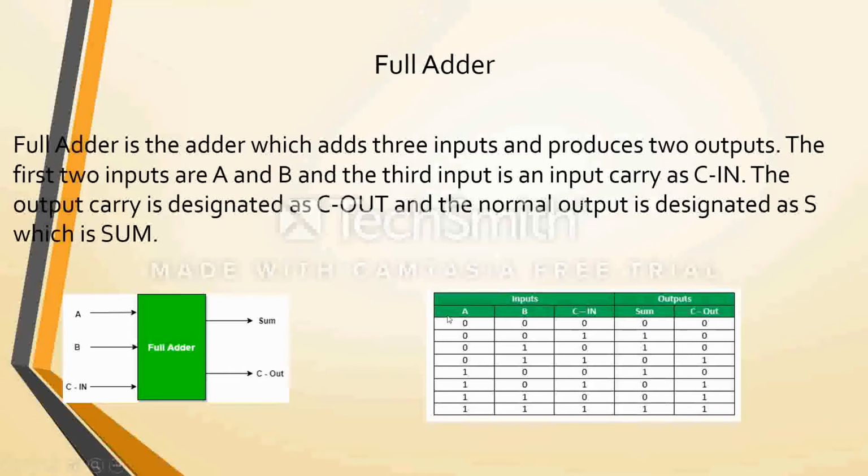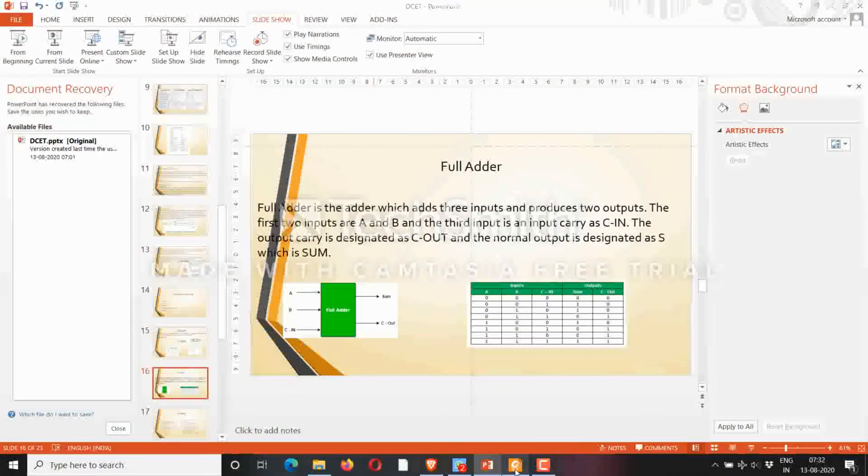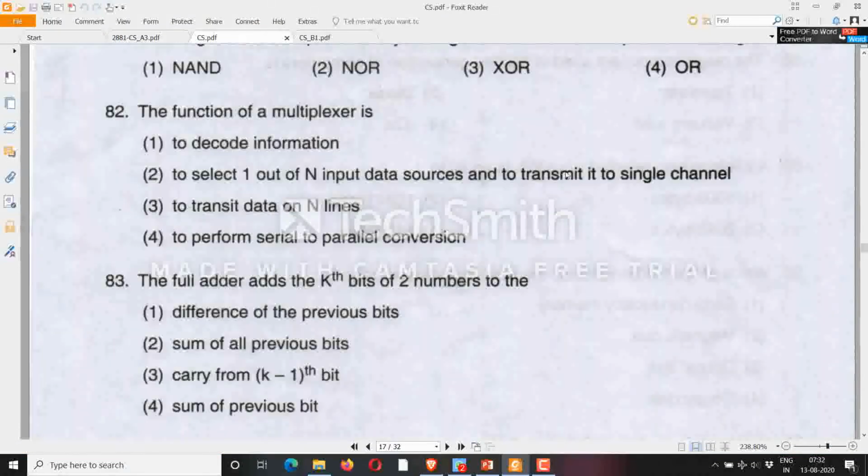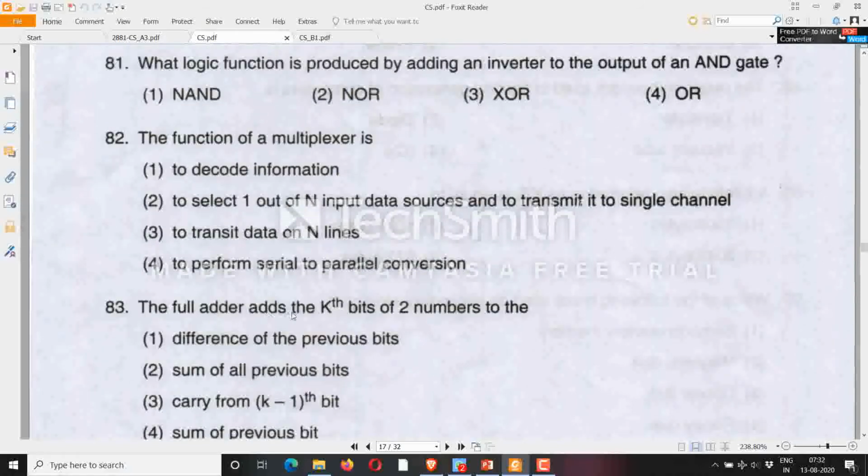Now you have one question on this full adder. The full adder adds the kth bits of two numbers to the, that means kth bit in the sense what? X and Y. So kth bit of X and kth bit of Y, I am adding to what?